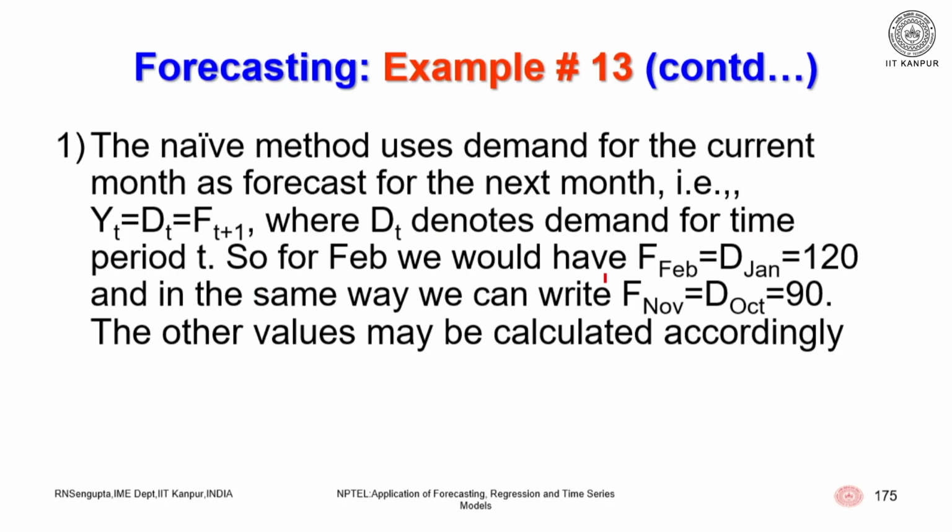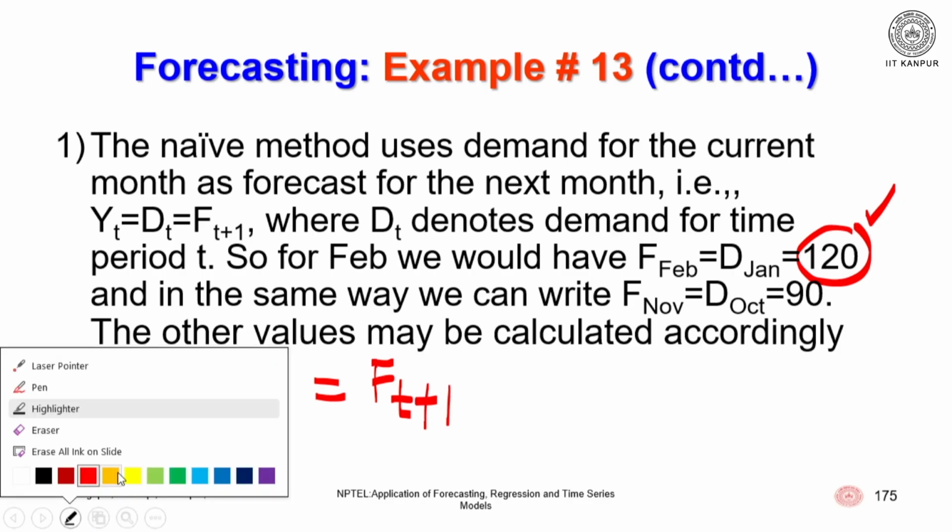So, the forecast for February is the y for January, which is equal to 120. In a similar way, the forecast for November would be the actual value for October, which is 90, which means that y_t would be F_{t+1}.